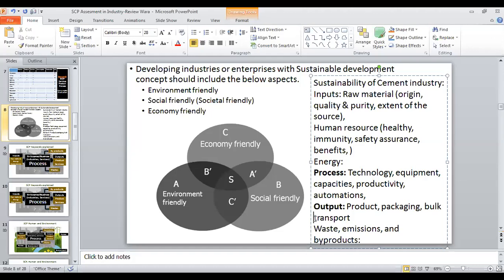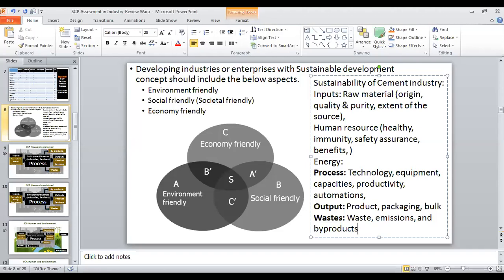So output, packaging, bulk, whatever. These are wastes. Under wastes, emissions, byproducts. Then you can plan the improvements to reduce the waste, recycling, minimize the emissions, minimize the byproducts as well. So you can plan the strategies.